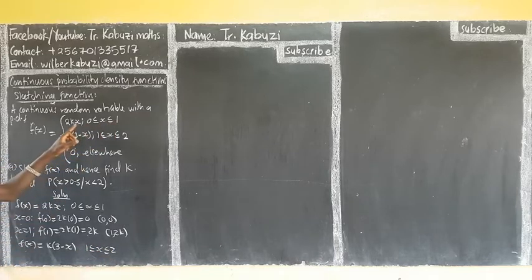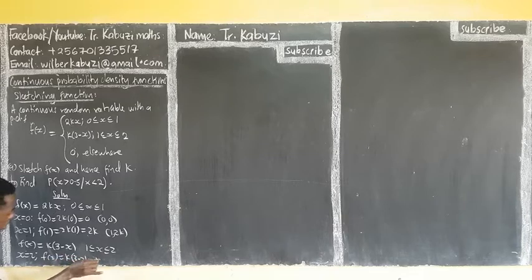Since it's continuous, both functions give the same value here, so don't waste time substituting; come directly to this one. So when x is 2, why am I using a different function? Because now I'm on a different interval. So f of 2 is k into 3 minus 2, which is k.